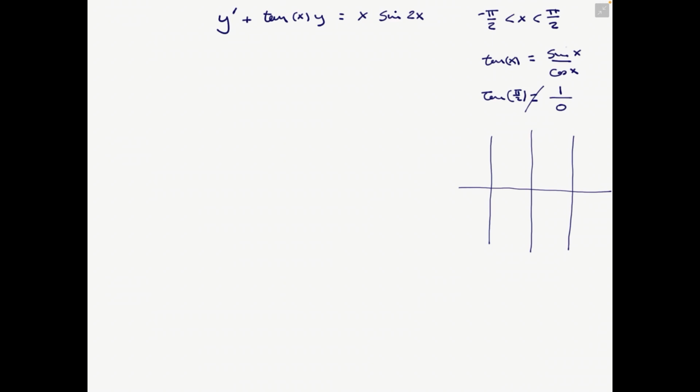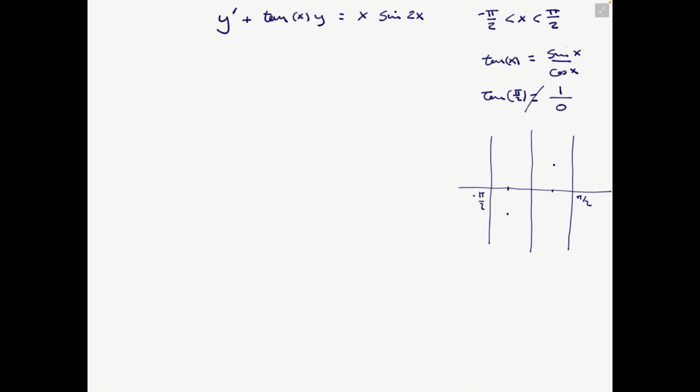Let's say pi on 4 is 1, so this is pi on 2 minus pi on 2, and pi on 4 is half of that, and that would be 1, and that would be minus 1, I think.